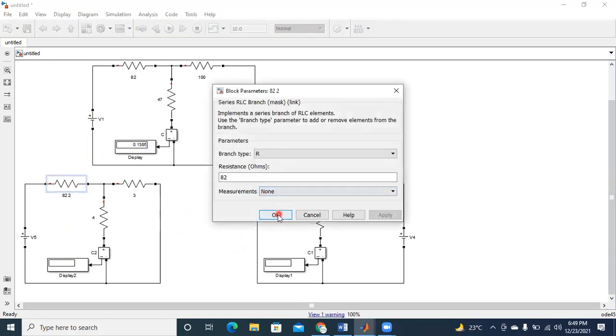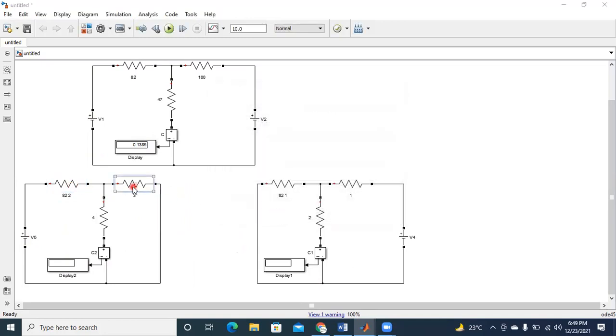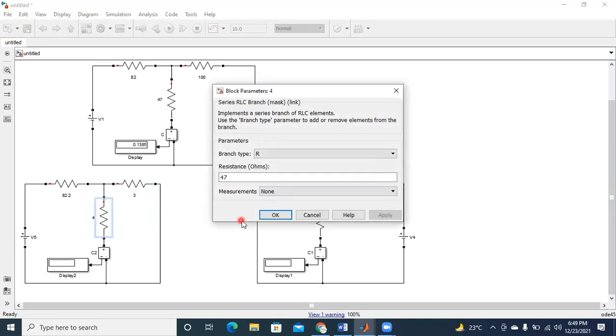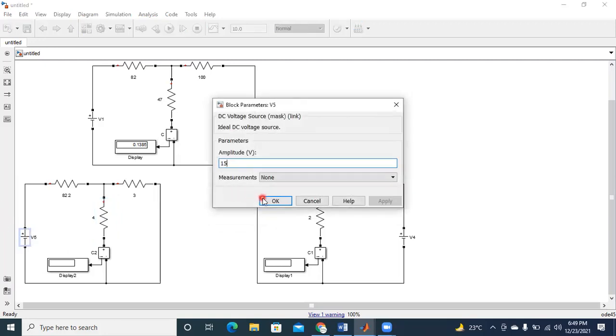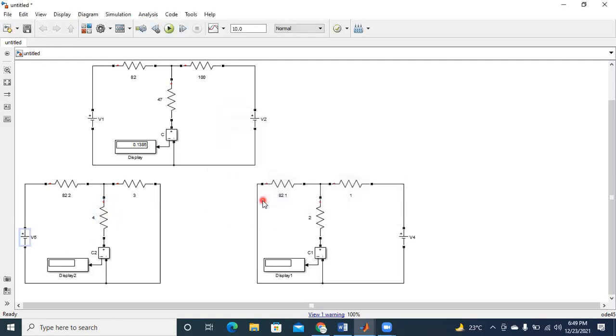The same resistor values are available. If you have any doubt, please cross check. There will not be any issue. All the voltages will be the same. I just removed V2 in one circuit, and V1 in the other. That's it. If you're comfortable, just run this.